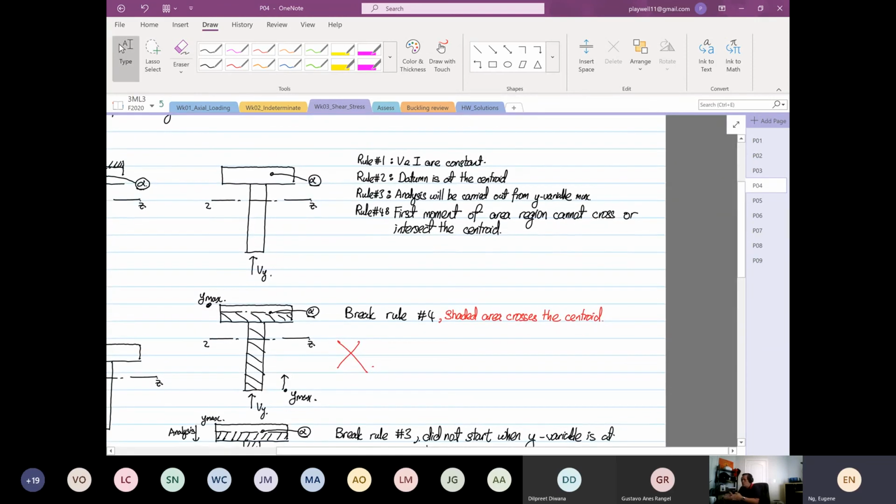Because these 4 rules are going to apply. If you use these 4 rules for any problem to find shear stress, your answer will always be correct. It is this analysis that's important, that a lot of times even professors find so abstract to teach this course without these 4 rules.